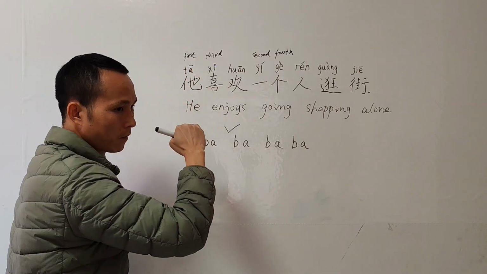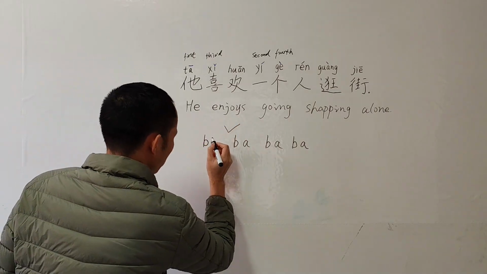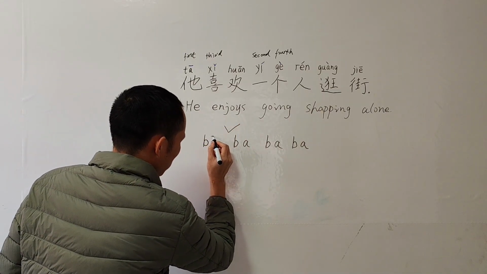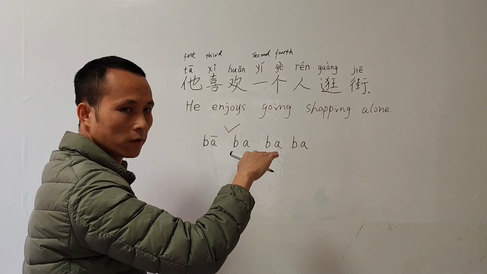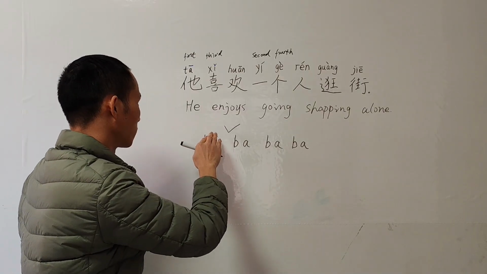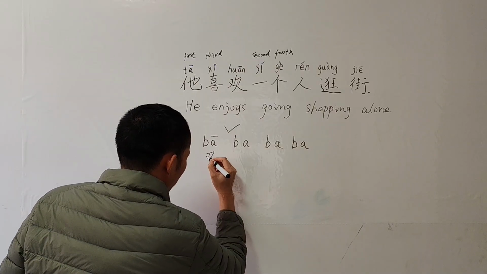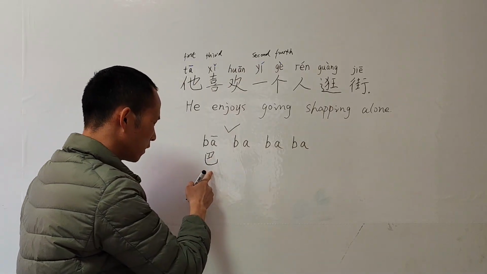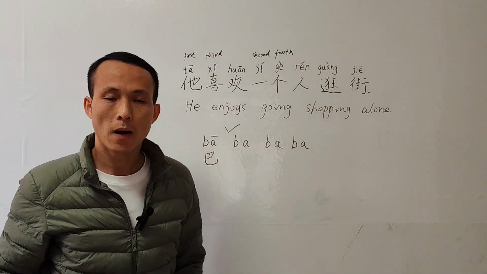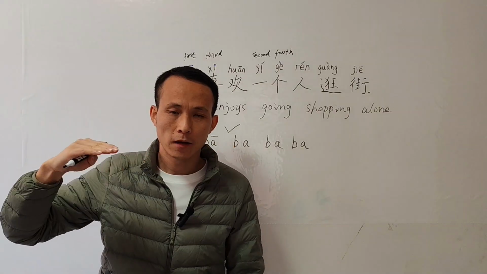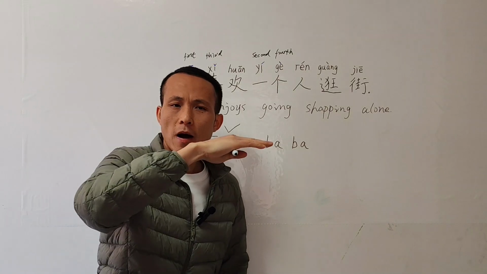So it is a high flat one, it goes horizontally or straight. So we call it high tone. I will give one Chinese character as an example. This Chinese character reads ba, ba, high flat tone. Ba, ba.